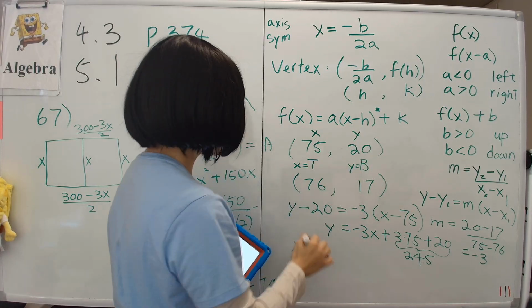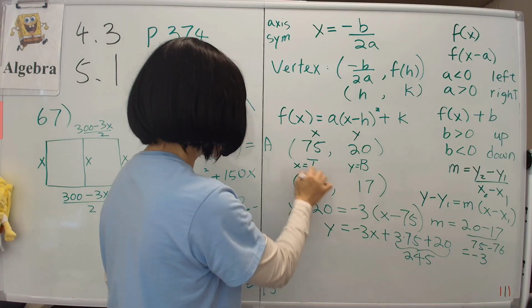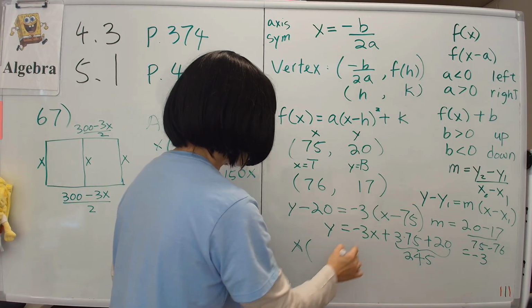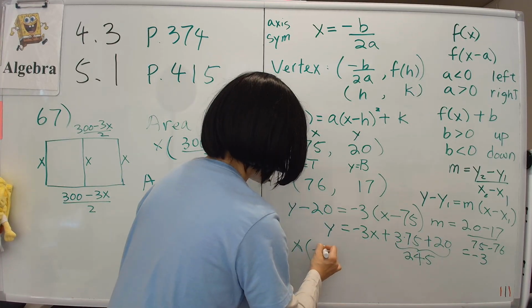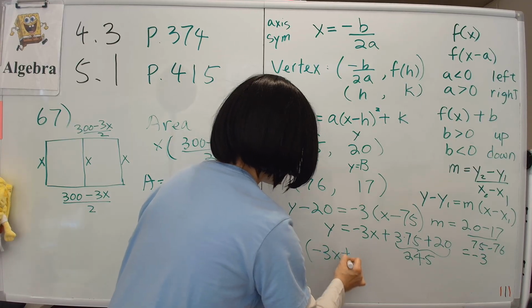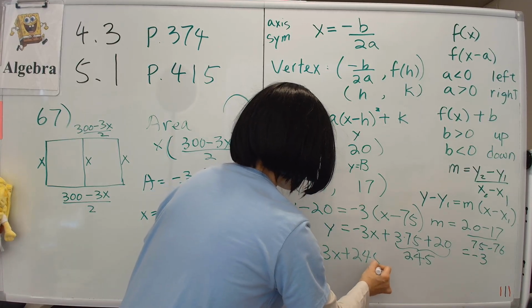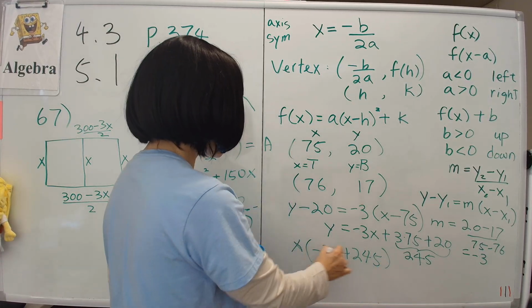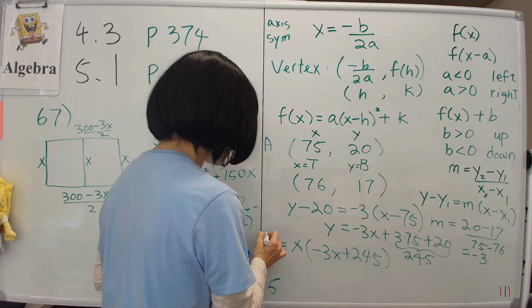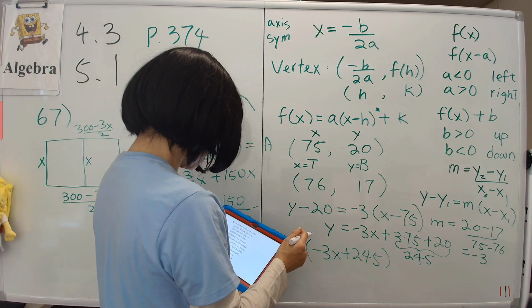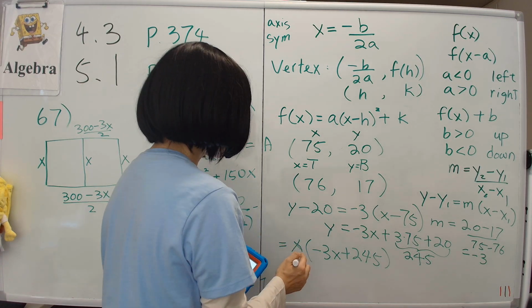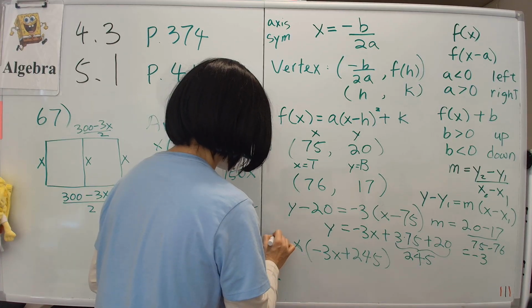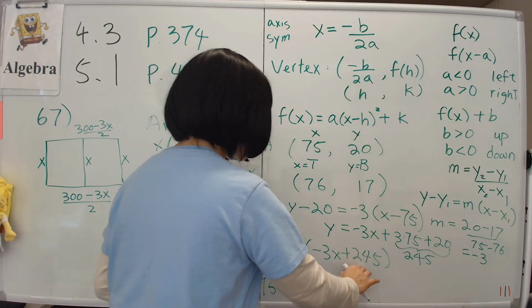And so x times y, which is this stuff, minus 3x plus 245. And we need to maximize. This is equal to the total yield or harvest. What do we call this? I guess we'll call it H for harvest. So we need to maximize H, okay?